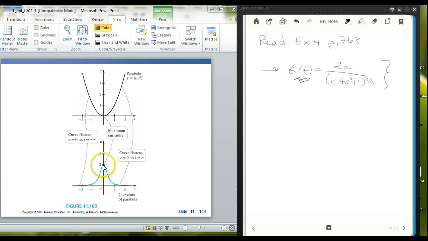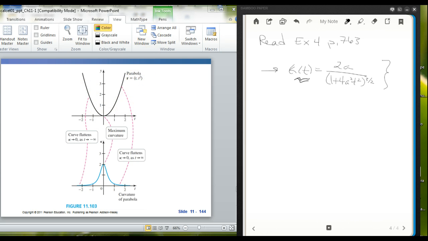Okay, and that's what we're seeing over here, where the curvature is now decreasing, right, as t moves along, as the particle moves along the path. So graphing the curvature function and comparing it to the path is a really interesting way to connect the ideas of what the curvature is telling you about the actual path itself.